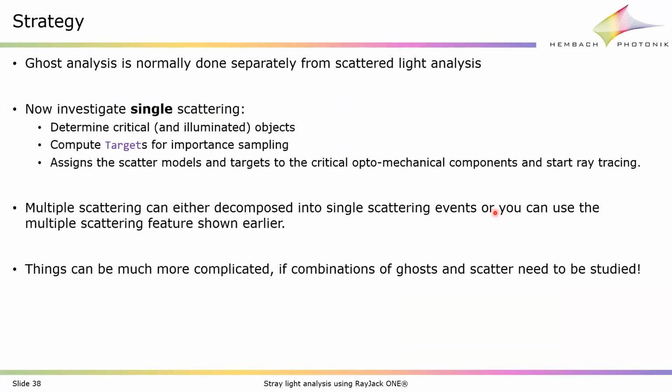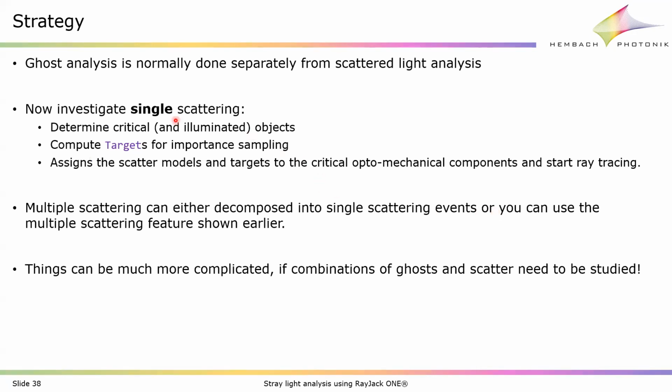Let me talk a little bit about the typical, overall strategy of Straylight analysis. First of all, we will do a ghost analysis, and it's typically done separately from the scattered light analysis. We will use normal ray tracing or differential ray tracing depending on the application.